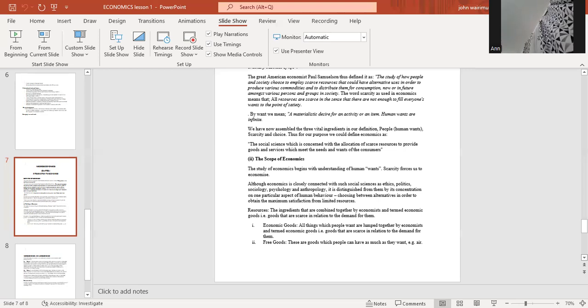Now, the difference between an economic good and a free good is that free goods are goods which people can have as much as they want.